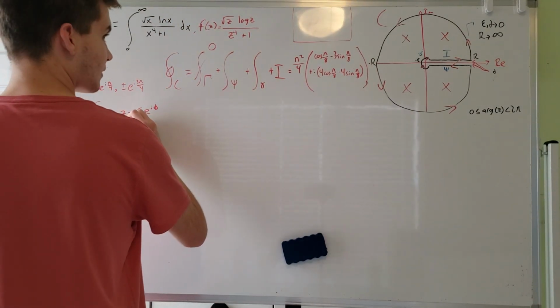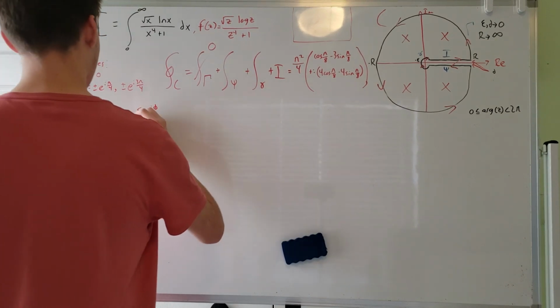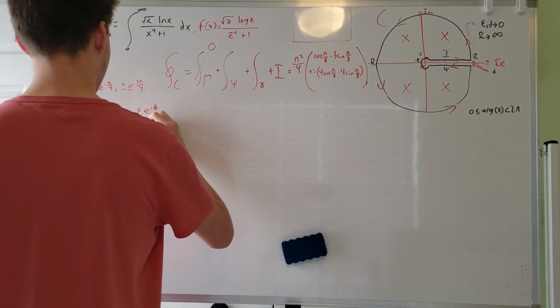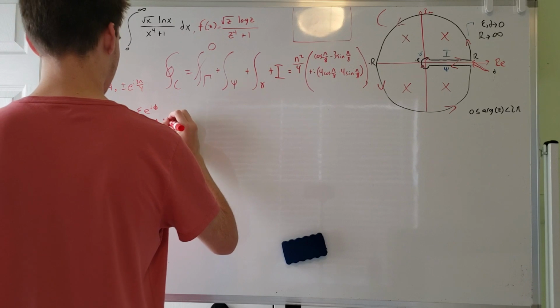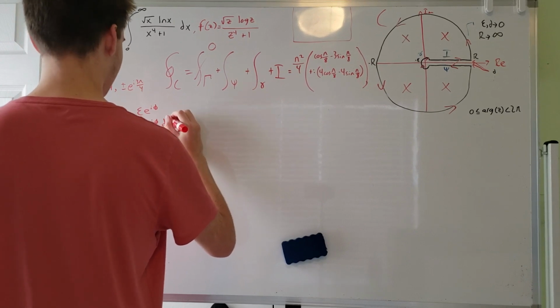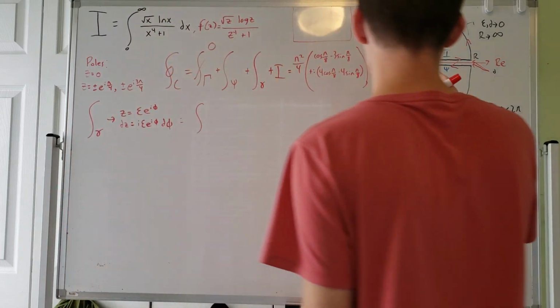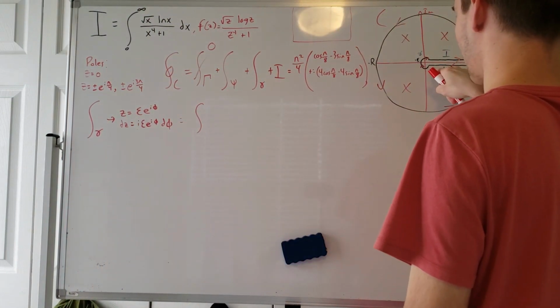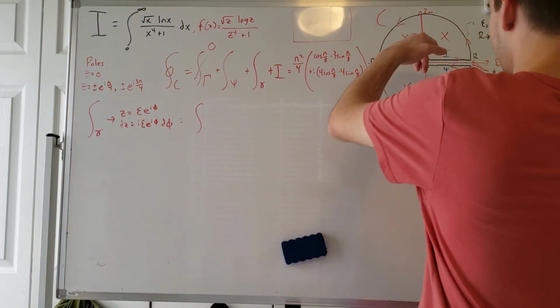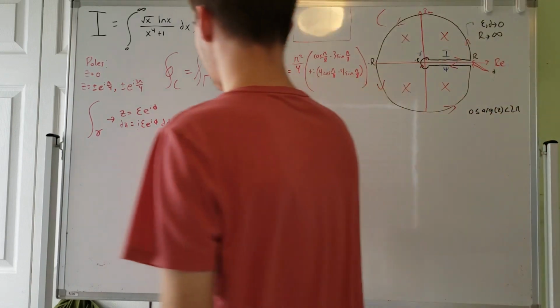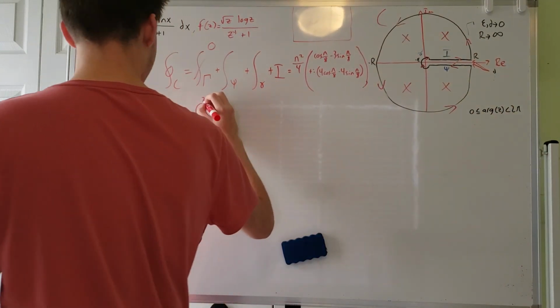And then that means dz is equal to i epsilon e to the i phi d phi. So then we still have an integral from 0 to 2 pi.